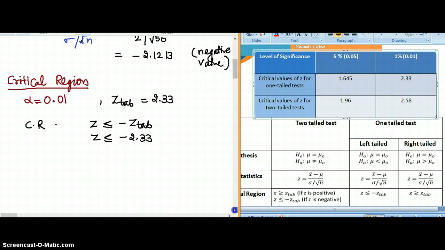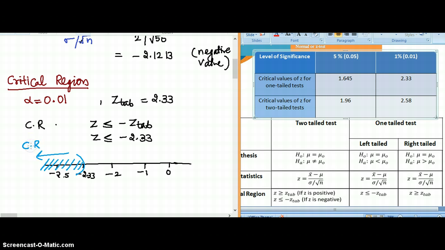If we try to draw it, on the number line with minus 2, minus 1, 0, and say minus 2.5, the point minus 2.33 is here. Our critical region is the region less than minus 2.33, all of this up to minus infinity.